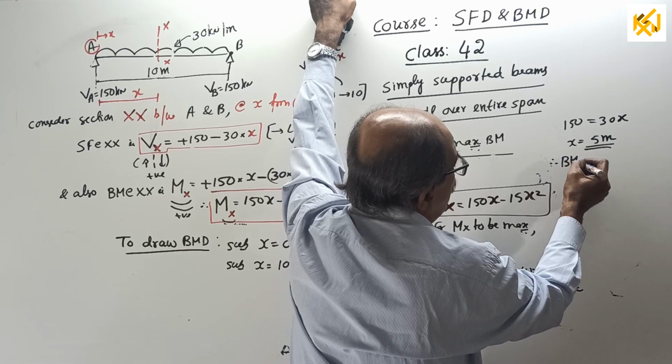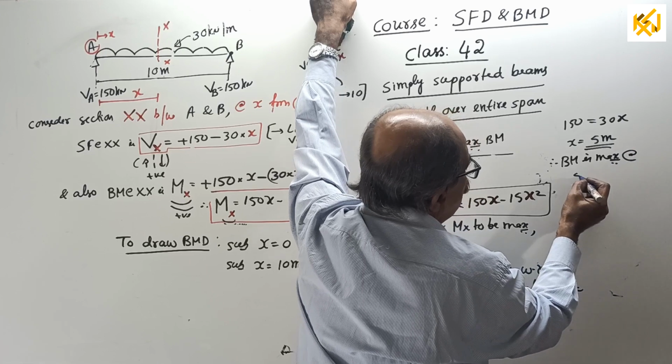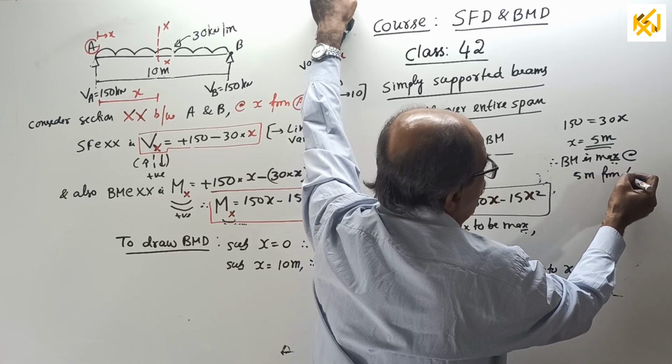Therefore, bending moment is maximum at 5 meter from A. Why A?